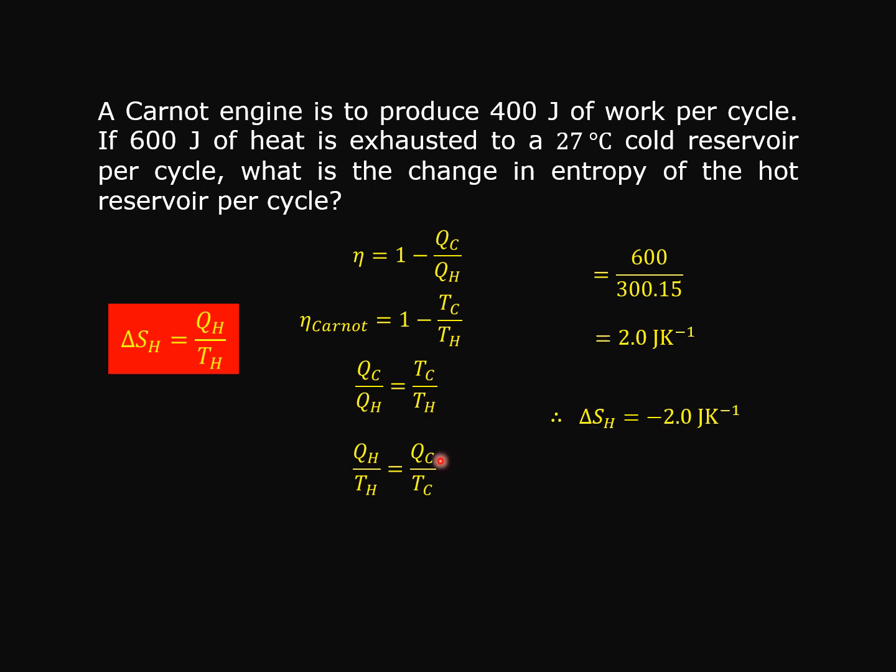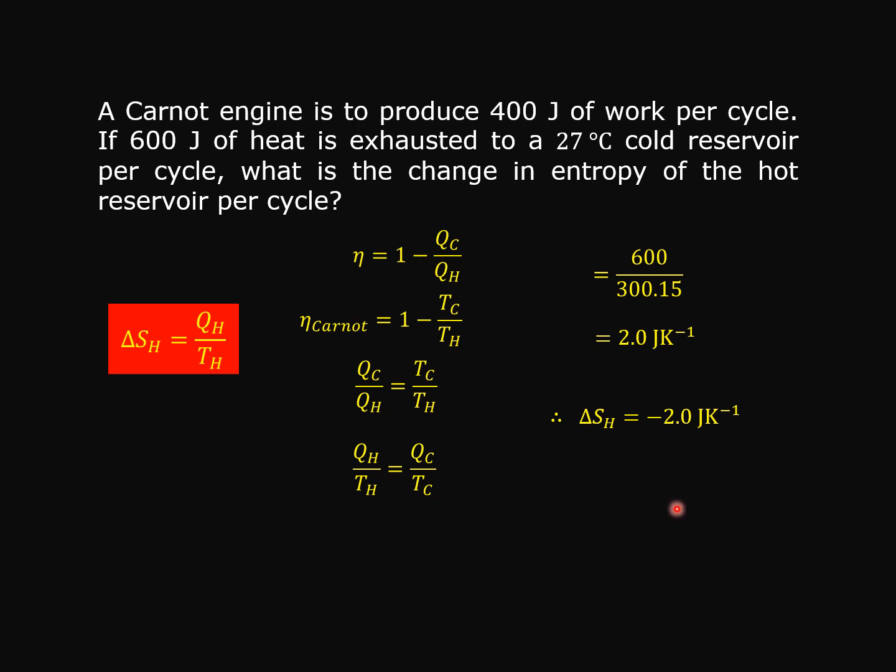But for the cold reservoir, the magnitude is 2.0 joule per Kelvin for its entropy change. Since the QC is a heat flow into the cold reservoir from the substance of the heat engine, of course the QC is a positive value. Therefore, the entropy change for the cold reservoir is a positive 2.0 joule per Kelvin. For the hot reservoir, it is negative 2.0 joule per Kelvin.